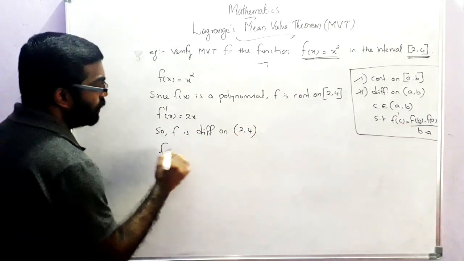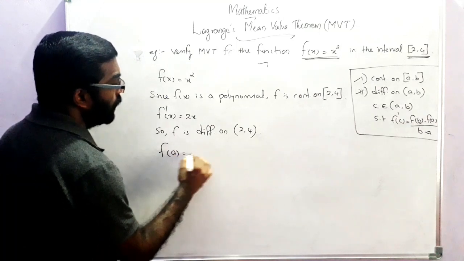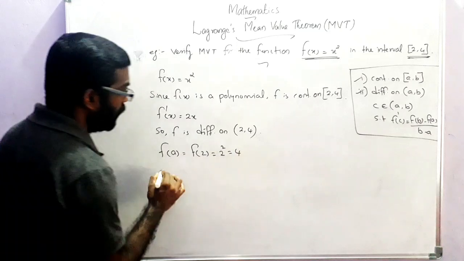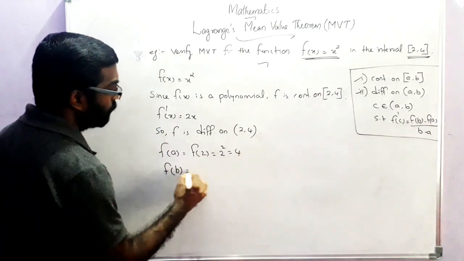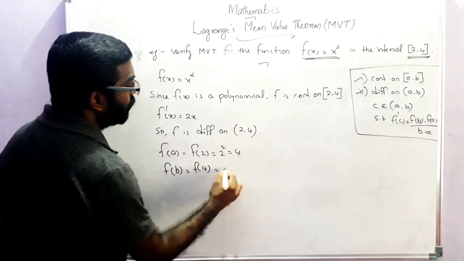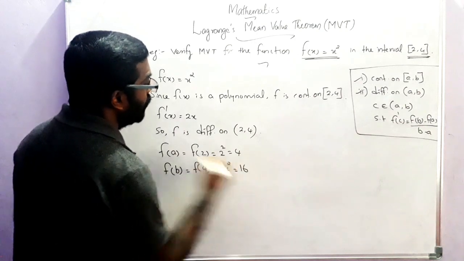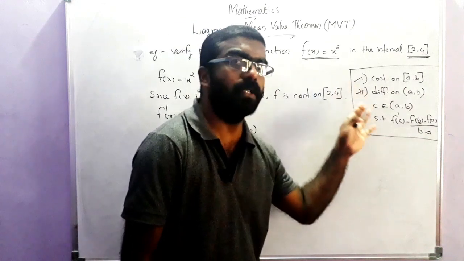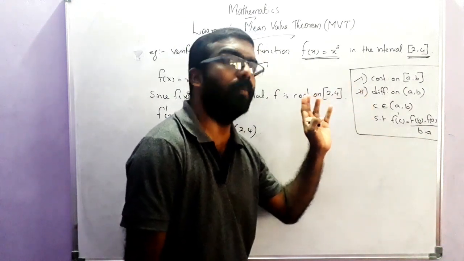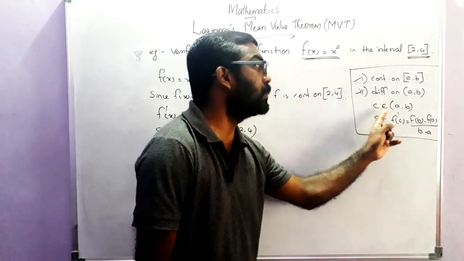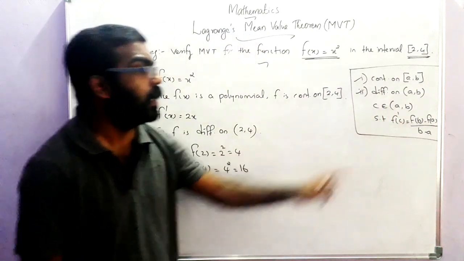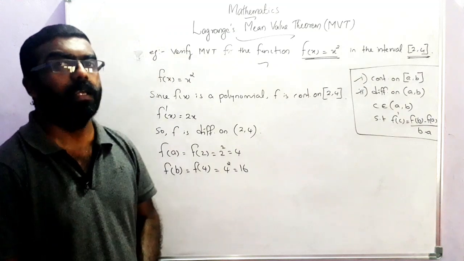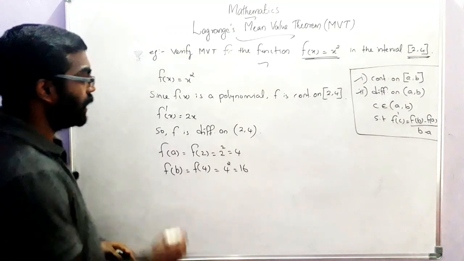Now we can find f(a) and f(b). Here f(a) means f(2), which is equal to 2 square, that is 4, and f(b), f(4), is equal to 4 square, which is 16. If it is continuous and differentiable, then according to mean value theorem, there exists some c belonging to (a, b) such that f dash of c is equal to f(b) minus f(a) divided by b minus a. So we can apply that.